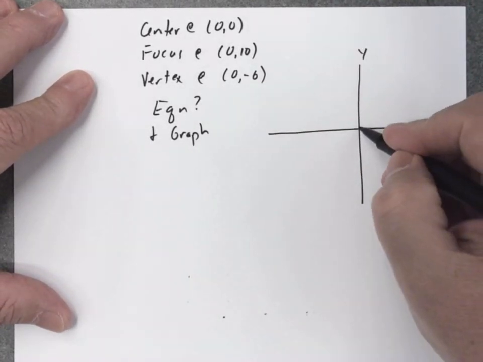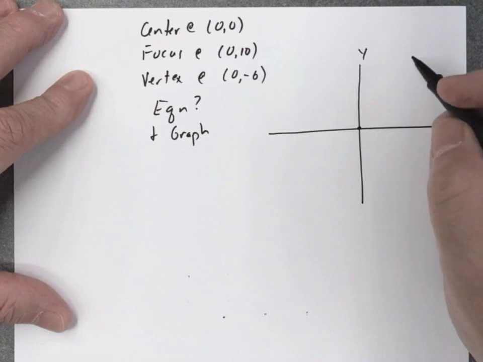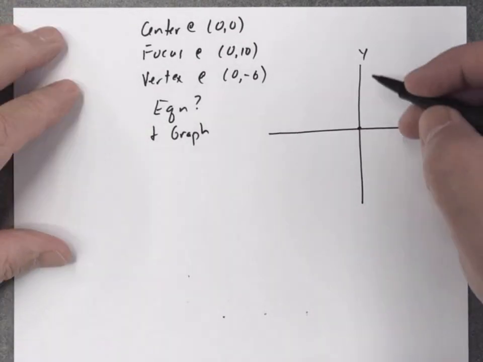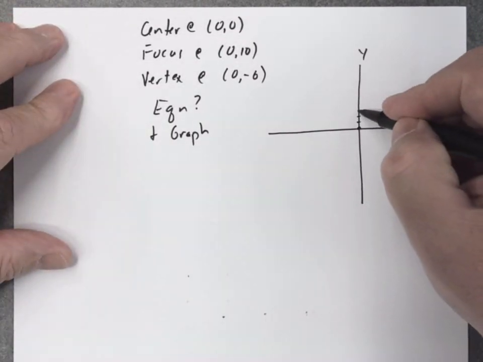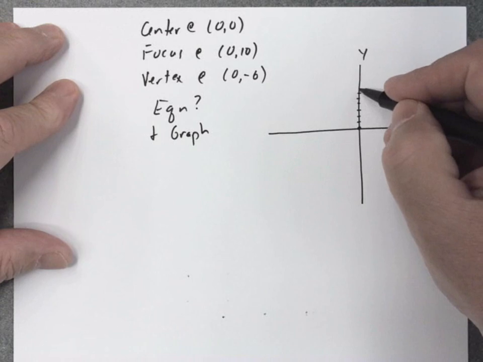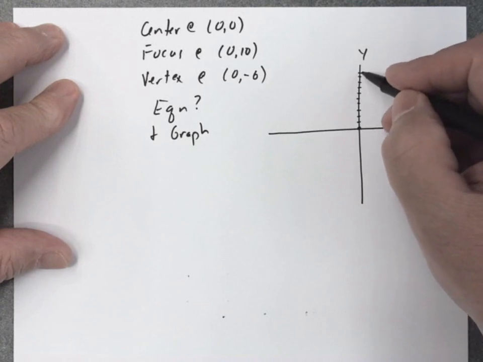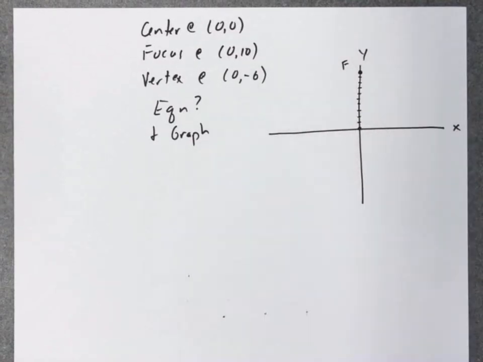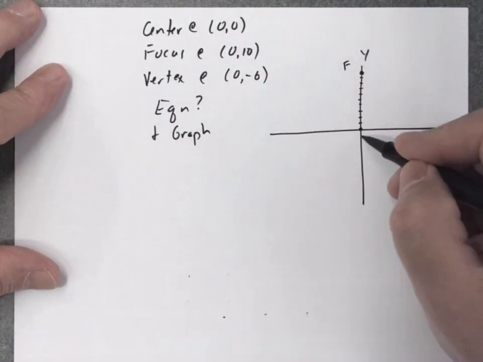The center is at (0, 0), and the focus is at (0, 10), so x is 0 and y is 10. And a vertex at (0, -6).